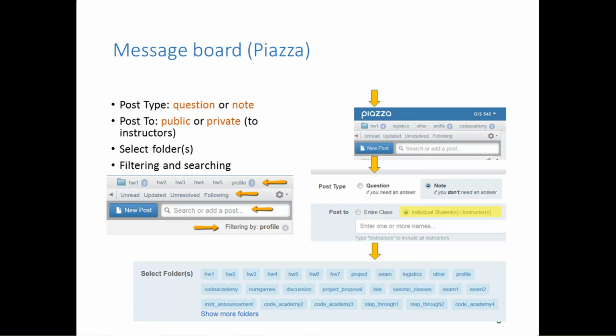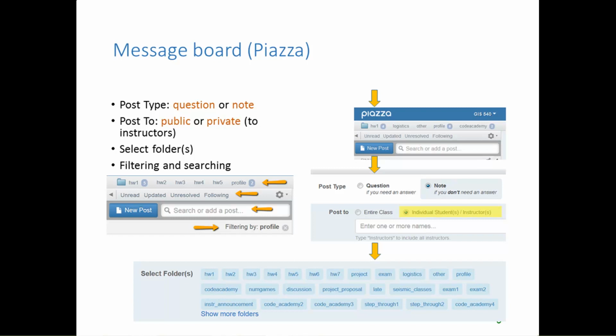When you post a message, you're required to select one or more folders. These are like tags. We sometimes refer to them as tags. It provides a way to select all messages related to a topic. When you're using the message board, you can also filter the messages by unread, updated, and so forth.